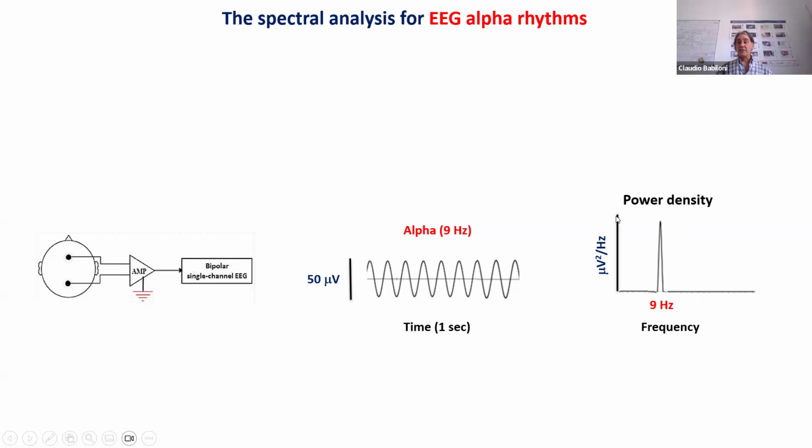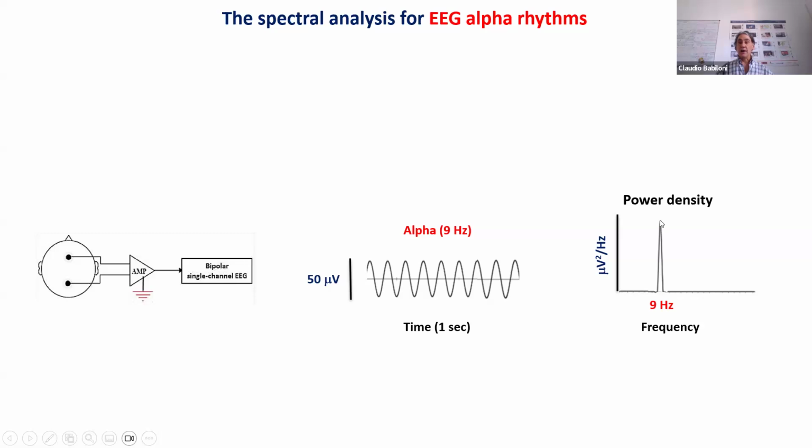You see that in the vertical axis, you have the microvolt squared for all frequency bands that you can obtain from your recording. In this case, we have 9 Hertz, and we reported in this diagram, called EEG power density spectrum, the power of 9 Hz EEG oscillations.